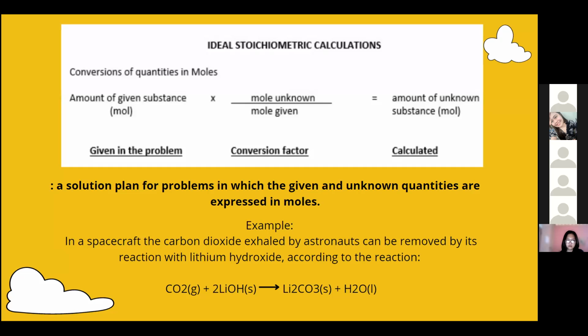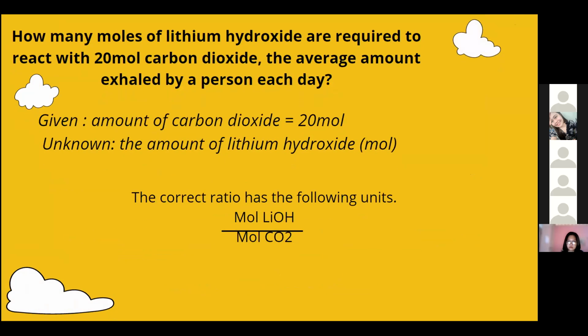Next slide, please. So the question is, how many moles of lithium hydroxide are required to react with the 20 mole carbon dioxide, the average amount inhaled by a person each day? So our given is the amount of carbon dioxide, which is 20 mole, and the unknown is the amount of lithium hydroxide, which is expressed in moles also.